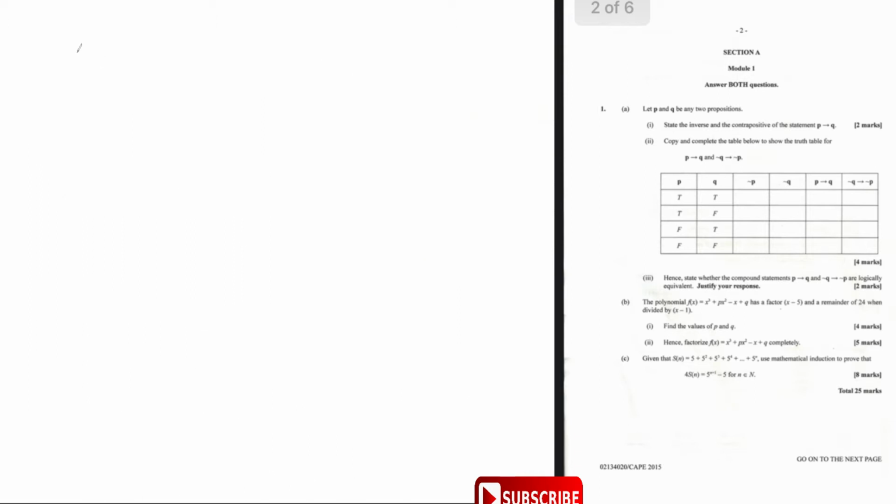Now the next part says factorize f of x completely. To factorize f of x completely, we're going to write f of x is equal to, we can replace p now with the value that we know, so it's going to be x cubed, instead of plus px squared, minus 6x squared, minus x, plus q, and q was 30, so we have plus 30.